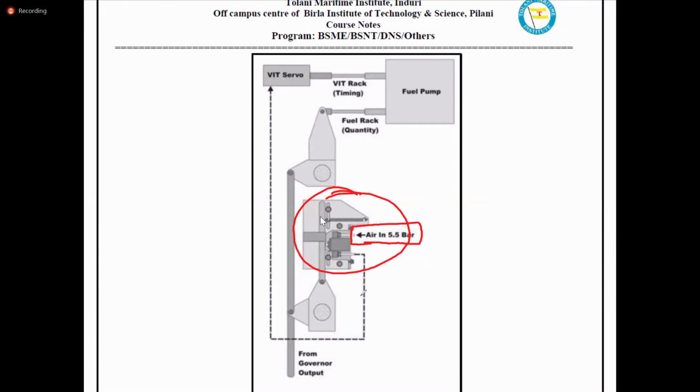The outlet is what is being regulated by this valve. So it can go to a maximum of say 5.5 and a minimum of 0, let us say. It will not be 0, some pressure will always be output. So this is the one going to the VIT servo which is getting regulated. Is that clear to all?